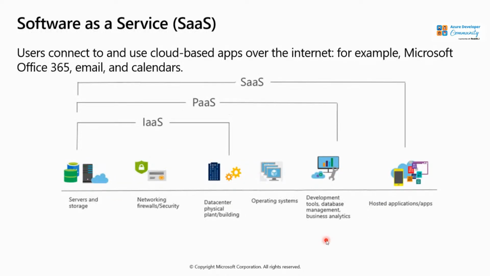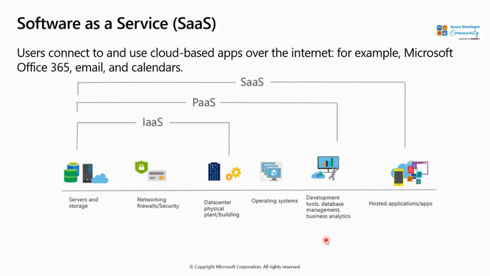Next is, of course, software as a service. Software as a service is what everyone might already be aware of. I hope you have used Gmail or YouTube. All of these services are SaaS services. Here, whatever you want to develop or use, you can go ahead and do that. IaaS has the servers and storage, the physical plant and building.